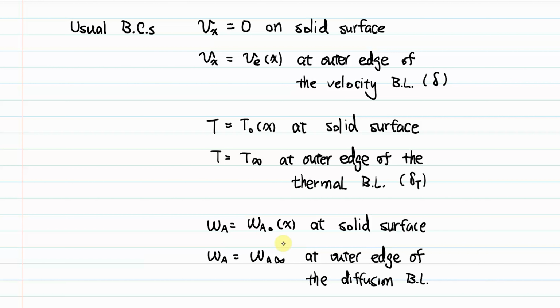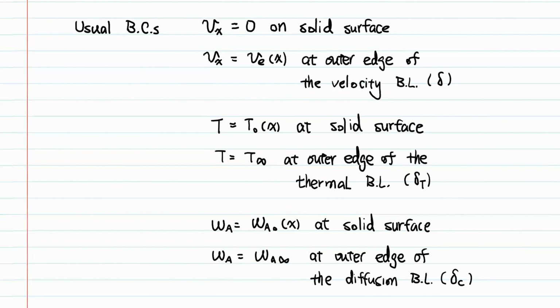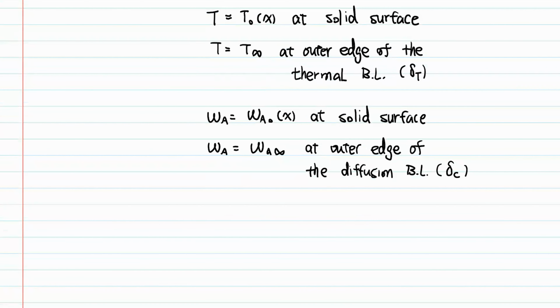We typically use delta sub C. Okay, so you can see that for binary mixing or binary mixtures that might be reacting, we would have 3 boundary layers that might have different thickness, right?